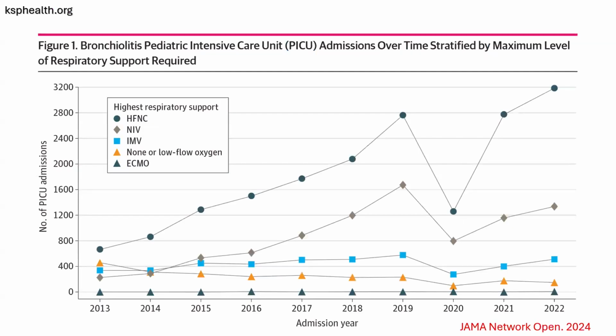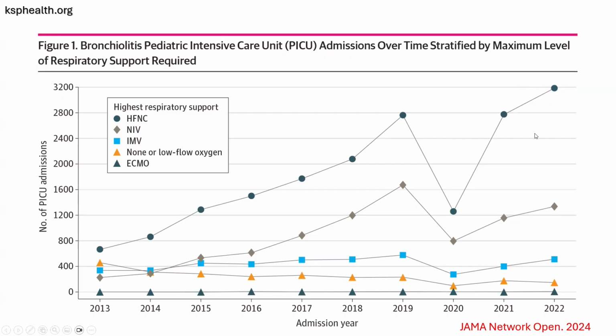This is a slide from last year. This is, of course, in pediatric ICU admissions. As you can see, the high flow nasal cannula has been used exponentially over the past 10 years. Of course, this data is from the United States. So has non-invasive ventilation using a mask, but high flow overwhelms the other modalities, and the second being non-invasive and invasive mechanical ventilation have not gone up significantly, but high flow has.